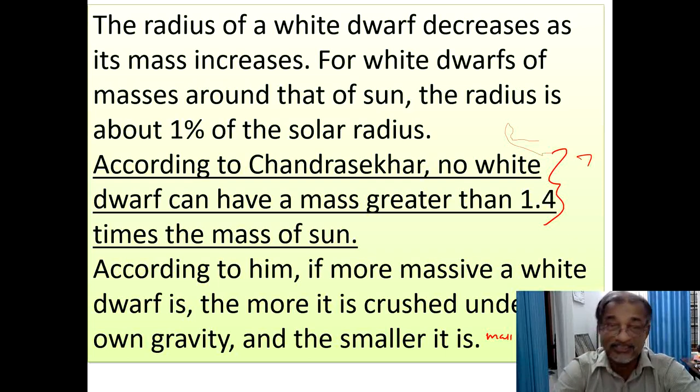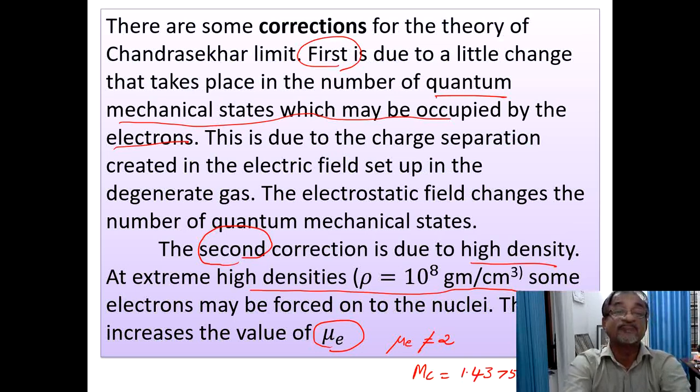According to Subramanian Chandrasekhar, the more massive a white dwarf is, the more it is crushed under its own gravity, and the smaller it is. More massive means smaller in size. As we know, mass is inversely proportional to radius.